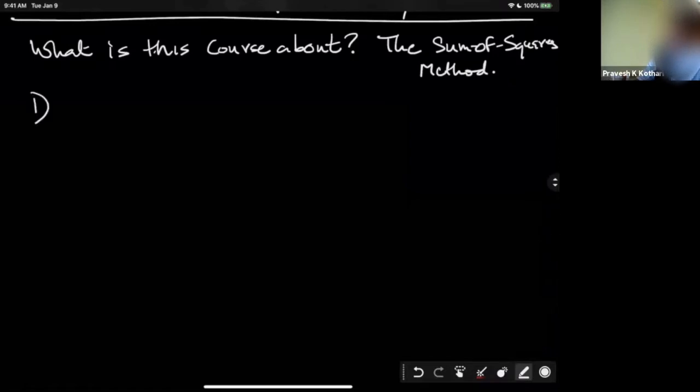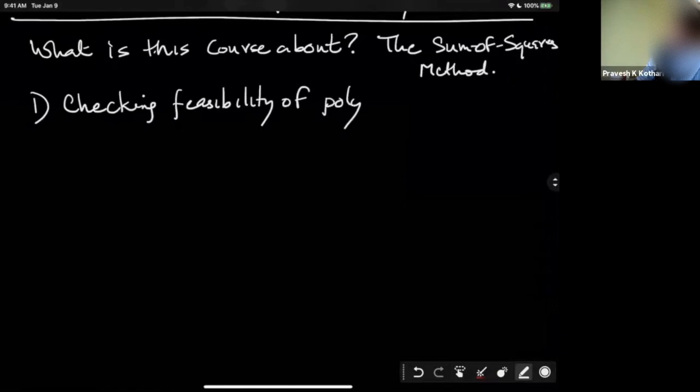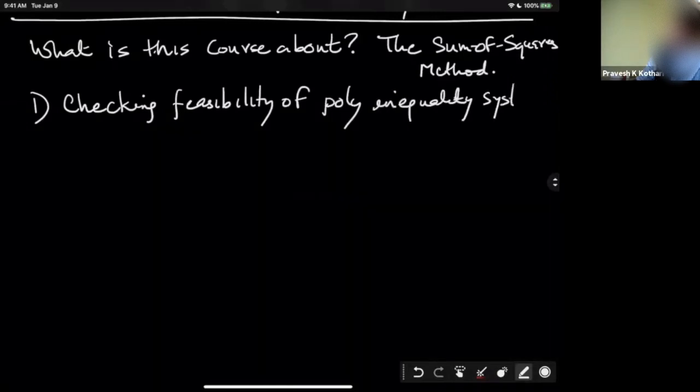So the first problem that we are interested in is checking feasibility of a polynomial inequality system. So basically you have a bunch of polynomial inequalities, and these are all over the real numbers.